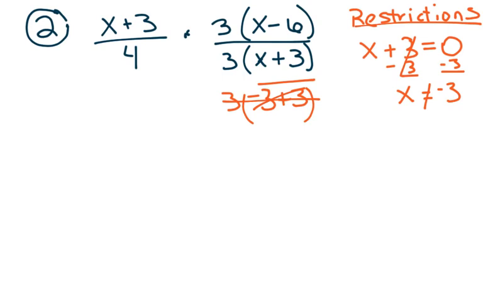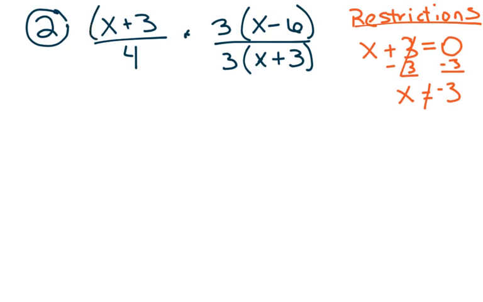Again, you can plug this fraction into the calculator, and you are going to see that at x equals -3, there is an asymptote, or a hole. Okay, let's go ahead now and multiply. So our next step after restrictions is to simplify.